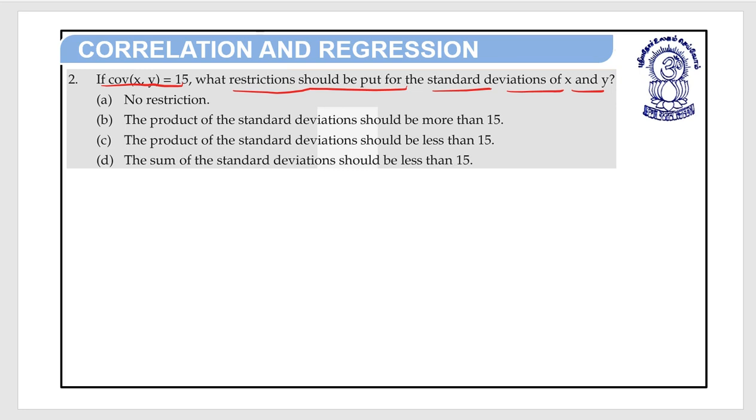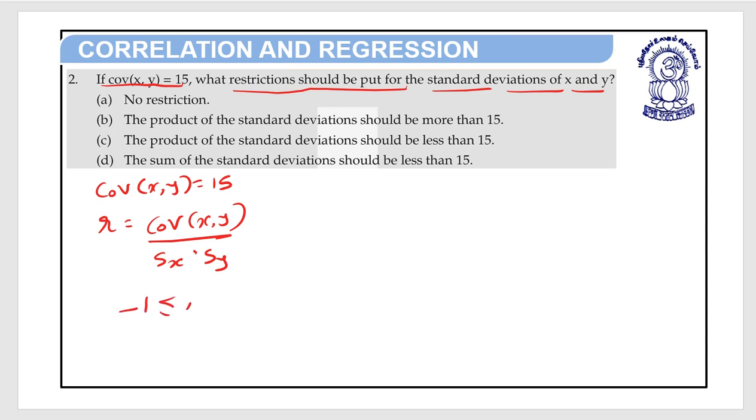So here first write down covariance xy is equal to 15, given. Now write the formula R is equal to covariance xy upon sx into sy. One condition is that minus 1 less than or equal to r less than or equal to 1.